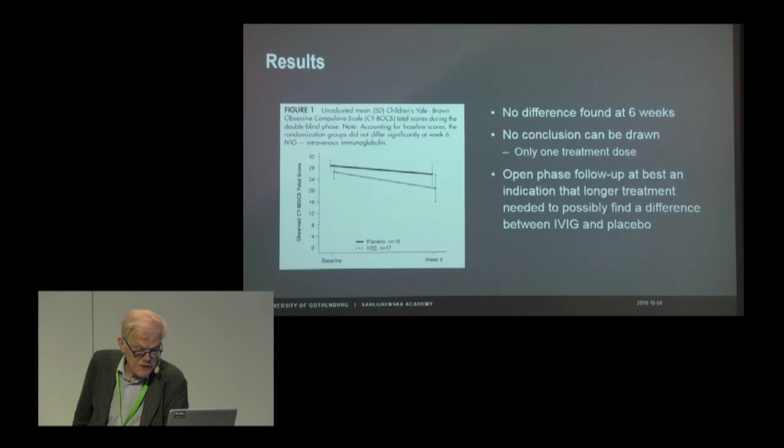And what was the effect at 6 weeks? No significant difference found. I would say we can draw no conclusion from this, as only 1 treatment dose was given, and all the others that did not respond got then immunoglobulin a second time.